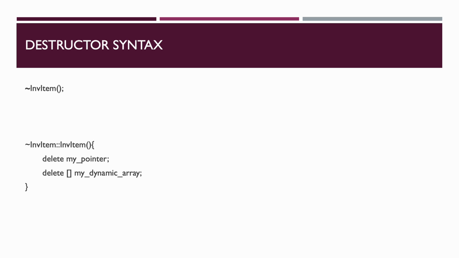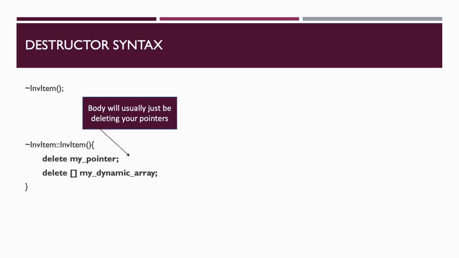Now the syntax. If you look at this slide, it is very straightforward to define a destructor. It will always have the same name as the class, but prefixed with a tilde, this symbol tilde.